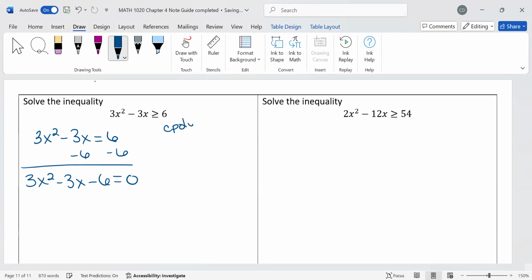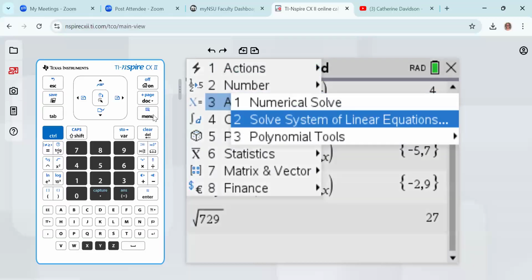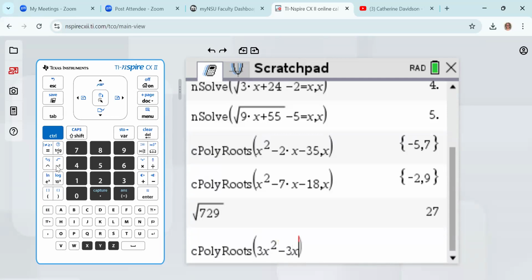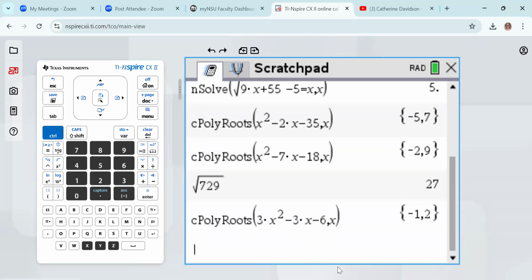We're going to use C poly roots. I'm going to double check and make sure I put that in right. That would be -6, not +6. All right, so we have solutions at -1 and 2.